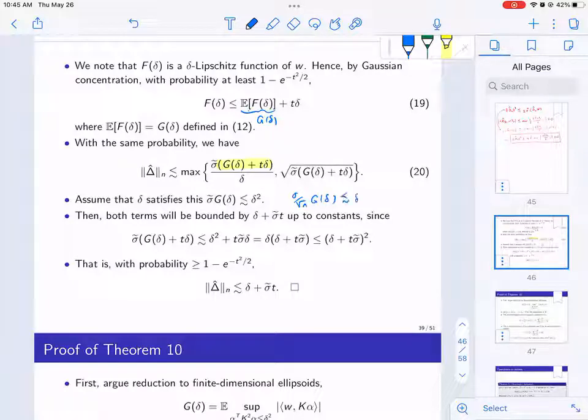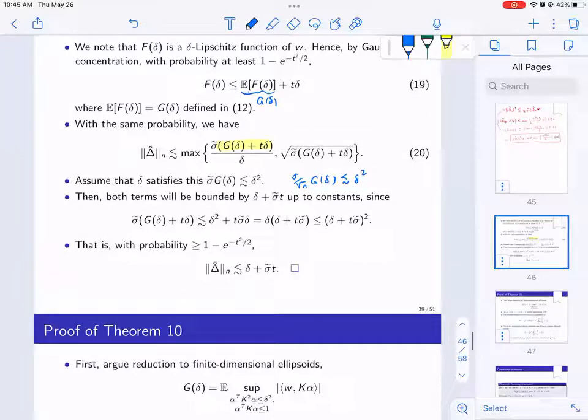We assume that delta satisfies this. Under this assumption, the first term is going to be bounded by sigma squared. The second term is this. Factor out 1 over delta, and then this is further bounded by that. So if you look at this, this is going to be bounded by this, and this is also going to be bounded by the square root of this, which is the same thing.